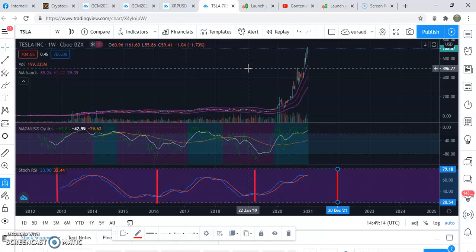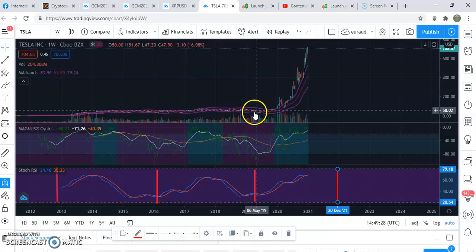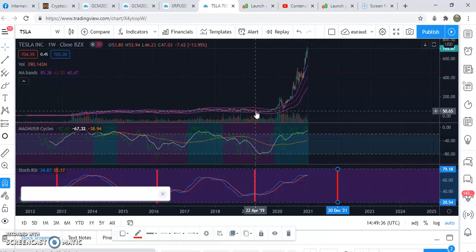Again, guys, right now we are really at the peak of the multi-year cycle, the 3.5-year cycle on average for Tesla. So it's extremely risky. Let's remember that the last cycle started here in April 19. Today is the 1st of January 2021.